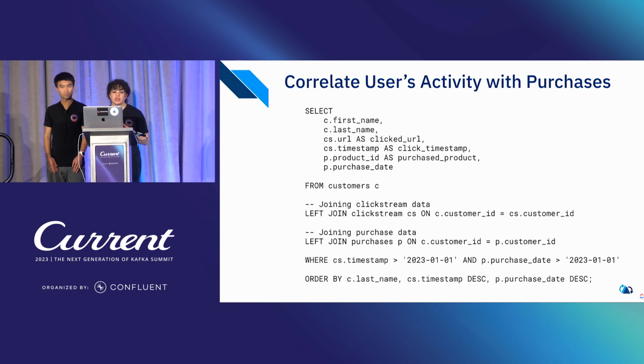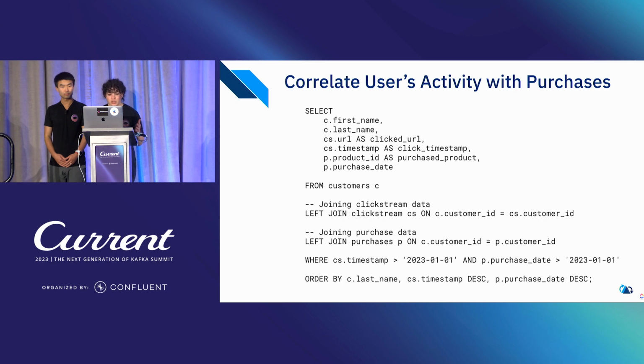From there, you might do a left join on the clickstream table based on the customer ID, and you will also probably do a left join on the purchases table based on the customer ID. And then if you wanted to filter on some sort of time range, you can do that with the where clause, and then you can order by whatever field you're interested in, in this case ordering by the timestamp, the purchase date, and then the last name.